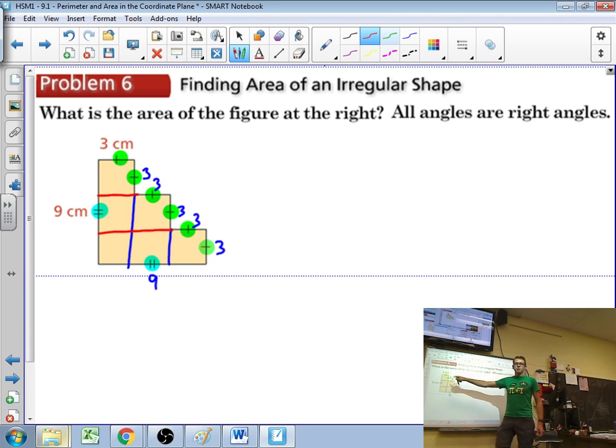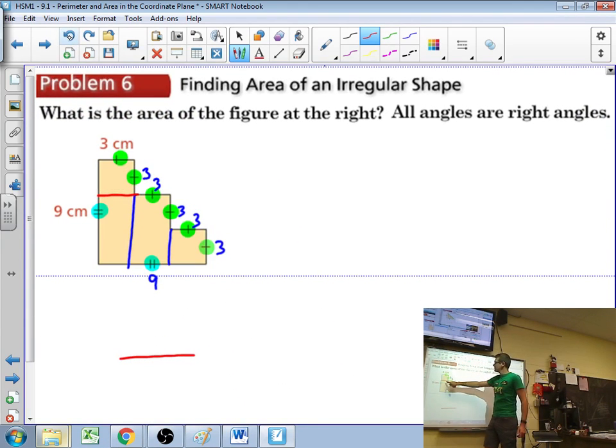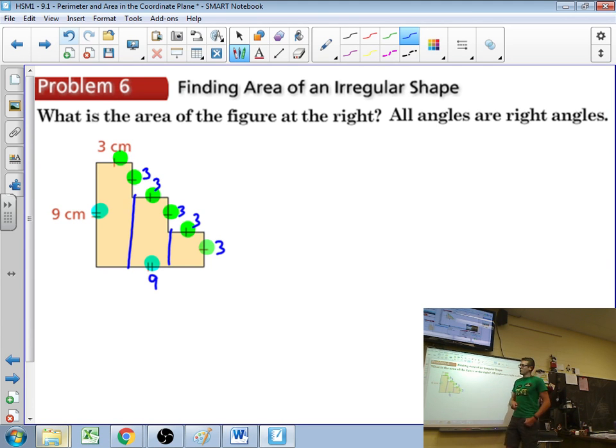And if I did both of those, then I would have exactly what Alex said to begin with, just make little squares. But I'm going to go ahead and use the rectangle. So I'm just going to look at this as a rectangle to make it a little bit more math. So this rectangle has a height of 9 and a width of 3.